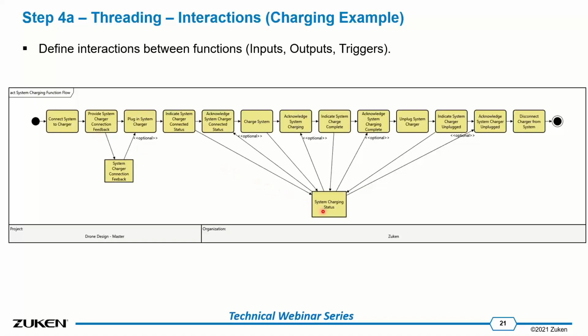Now, as far as the system charging status, in my head, I had it as I was thinking through it. This is some sort of LED light that might be on the drone or on the remote control that indicates the status of charging. And so it might turn on at one point, it might turn off at another point, so on and so forth. But this is to get a definition of the inputs, outputs, and triggers across the flow.